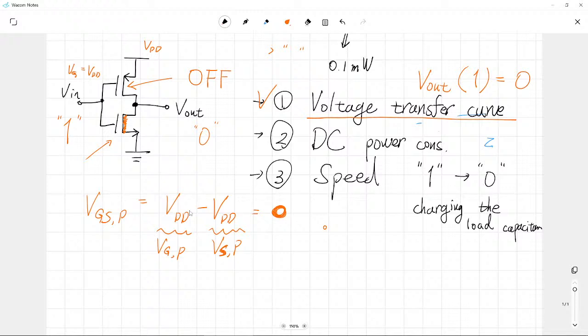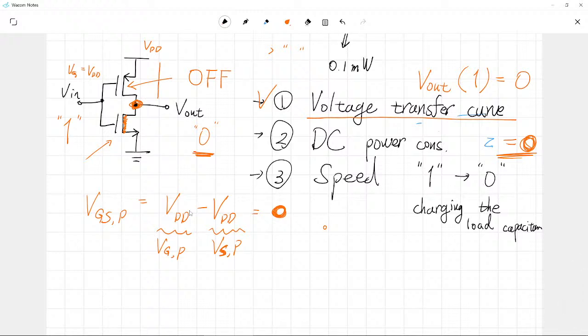Then let's go to the most important part, the second part, DC power consumption. Now think about the DC power consumption in this case. What is the DC power consumption? It is equal to 0. Period. Because although we have 0 here, the drain voltage is 0.